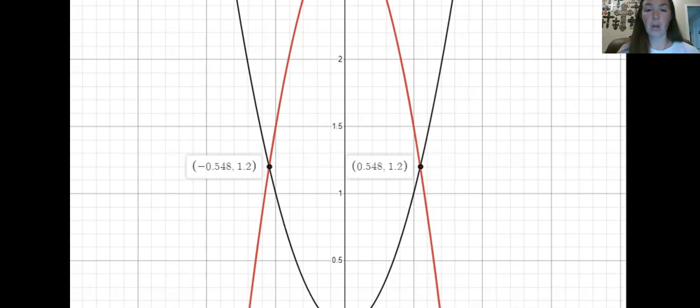But if this were an equation that I gave you, you would need to make sure that you had both the negative 0.548 and the positive 0.548. And please note, these are not repeating decimals. 5, 4, and 8, it's not going to be 548, 548, 548. It's only if you see a repeating decimal like 0.6666667 or something like that.